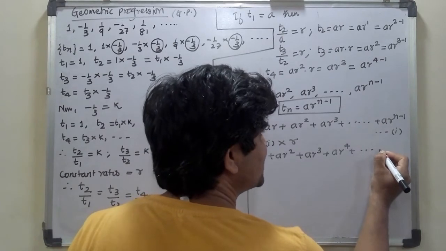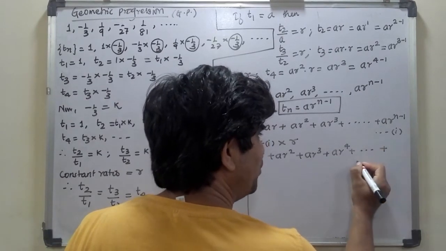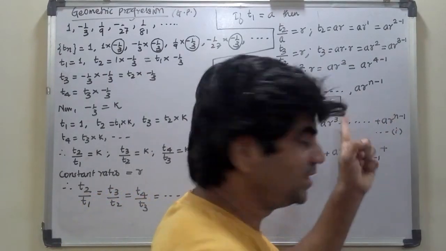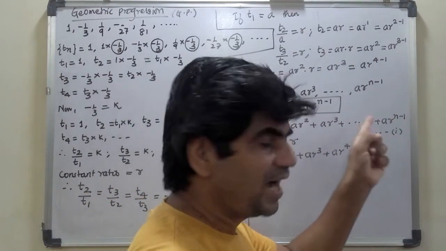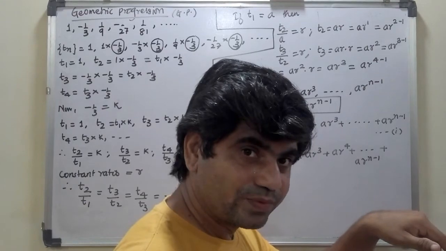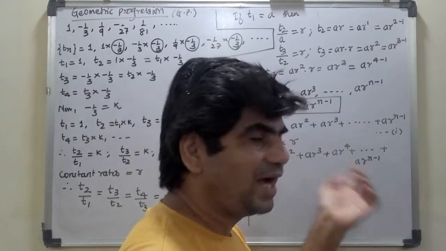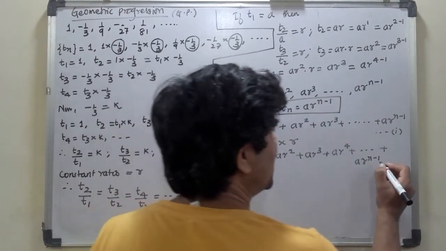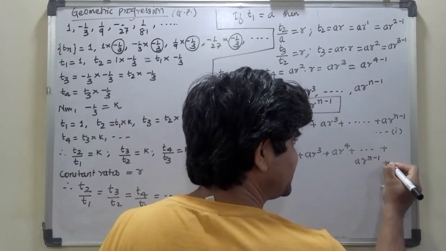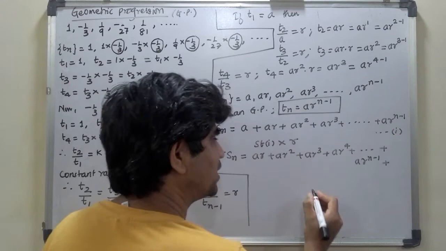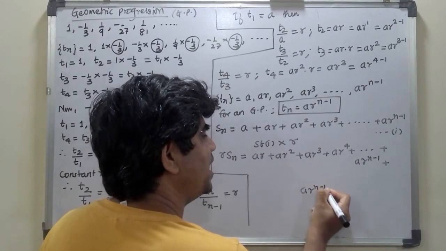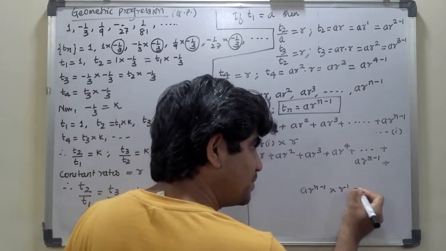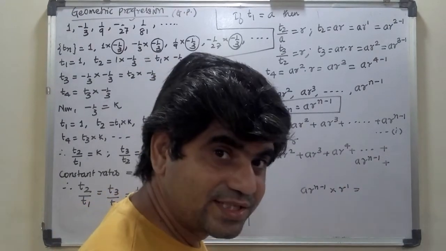And what would be the last term? The second last term will be AR raised to n minus 1, because before this the term is AR raised to n minus 2, right? When you multiply by R, the R adds, so here it becomes the last term. It is AR raised to n minus 1 into R. What does the index rule say?